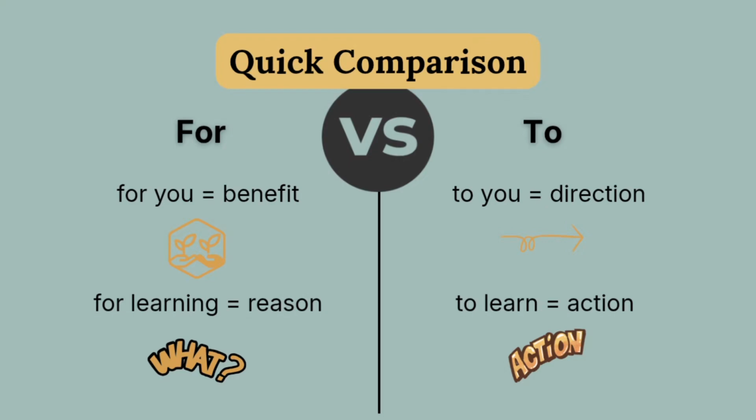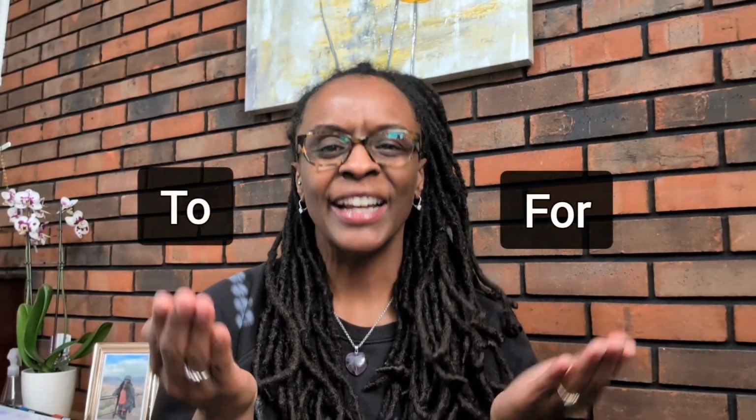If I say for learning, that equals reason. If I say to learn, that equals action. If you understand for versus to, your English will sound clearer and more natural.